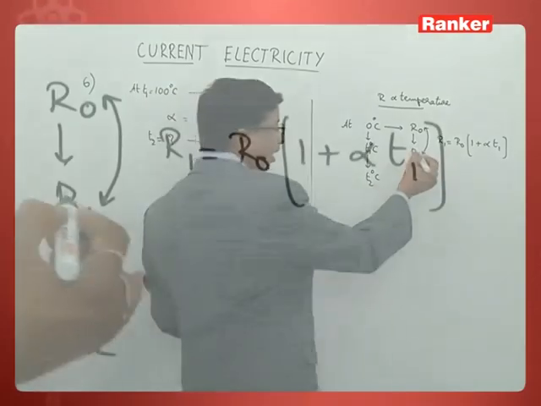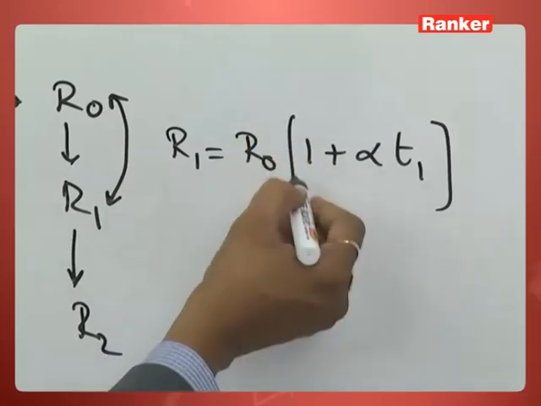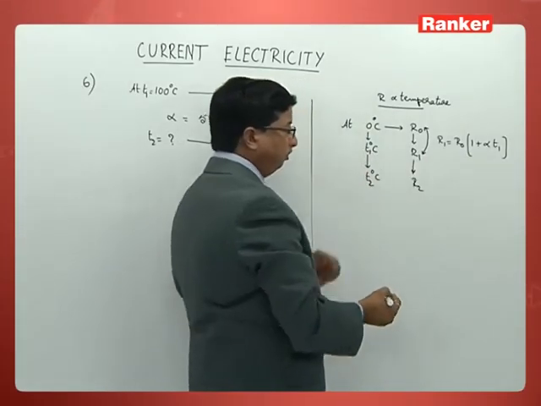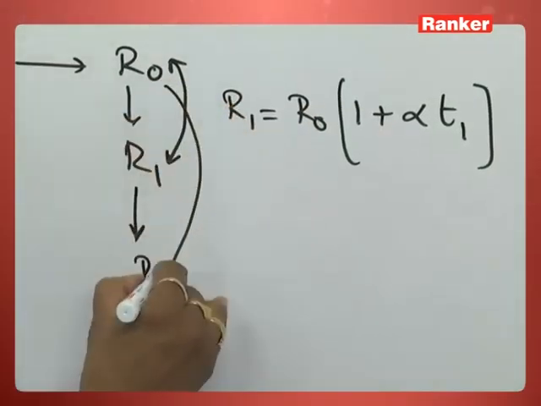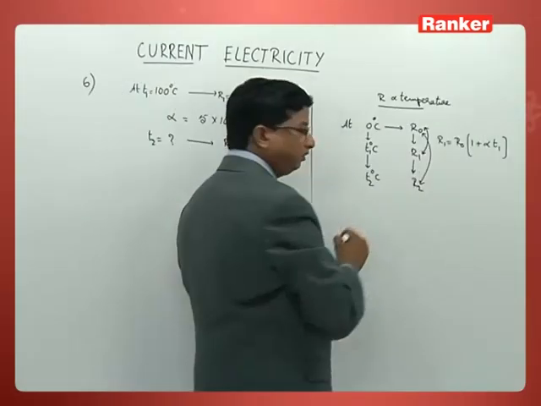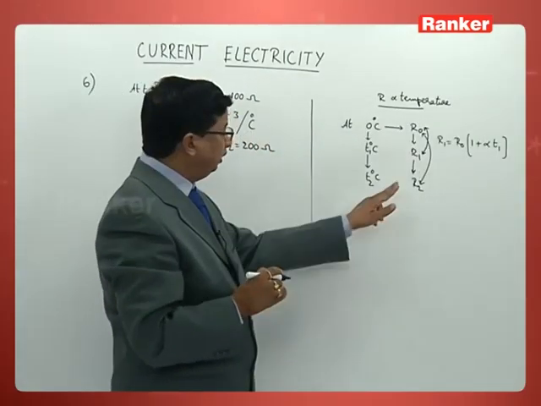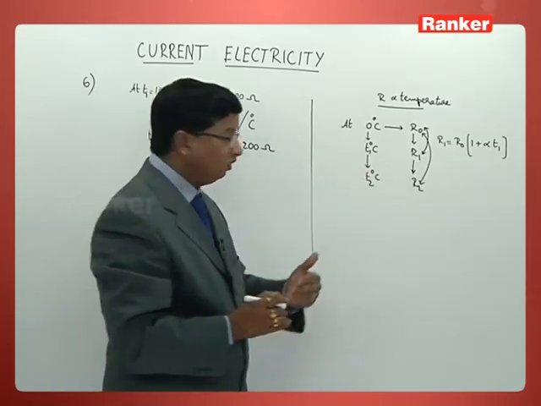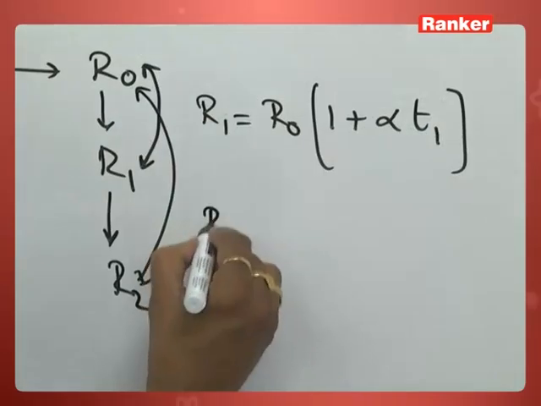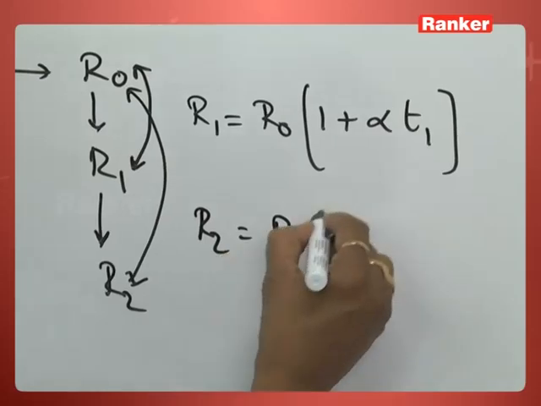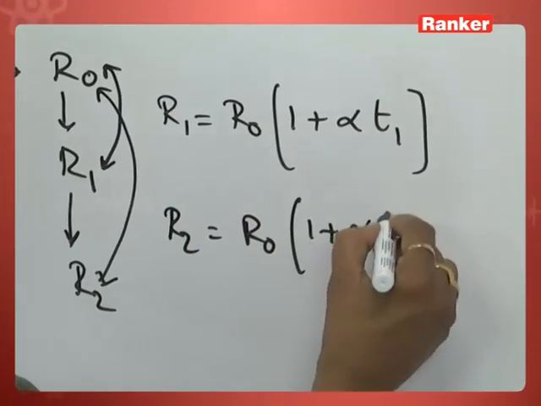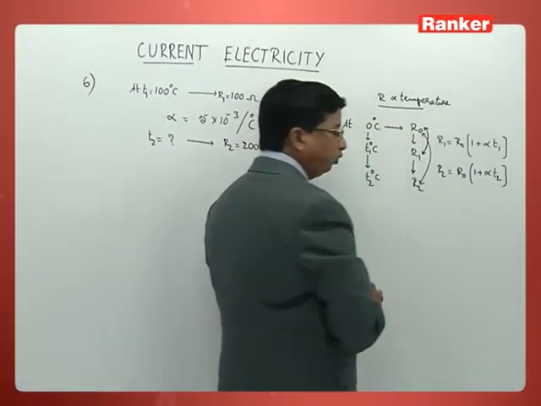Similarly, relate the first one and third one, that is, relate R2 with R0. So, what do you get? R2 is equal to R0 into 1 plus alpha T2.